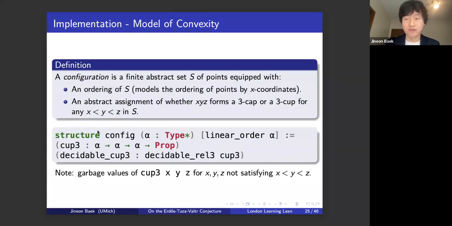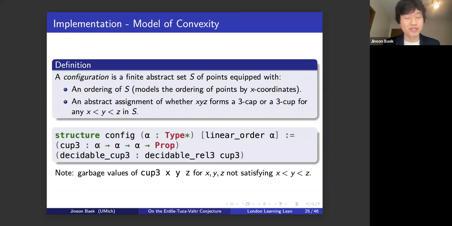So this is the definition of a configuration. We have a linear order, where alpha is the type of points, and we supply a linear ordering on that. And then I abstractly assign whether 3 points form a 3-cup. This is just to make sure that we can decide whether those 3 points form a cup or a cap. Also, let me note that I think experts will be familiar with this technique.